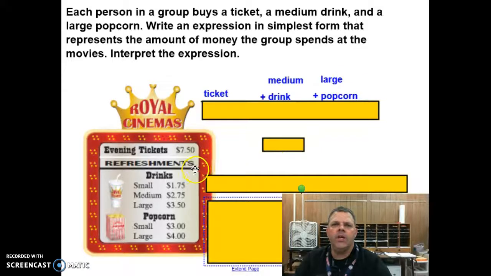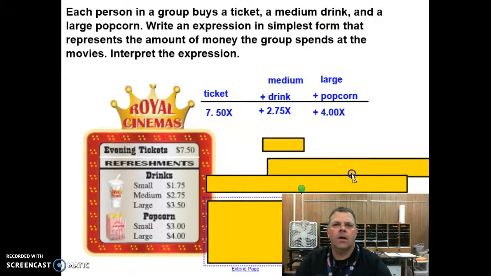So looking at the prices of the Royal Cinema, I know that the ticket costs $7.50. I also know that the drink is $2.75, and a large popcorn is $4. I put x for each of these variables because each person is spending that.